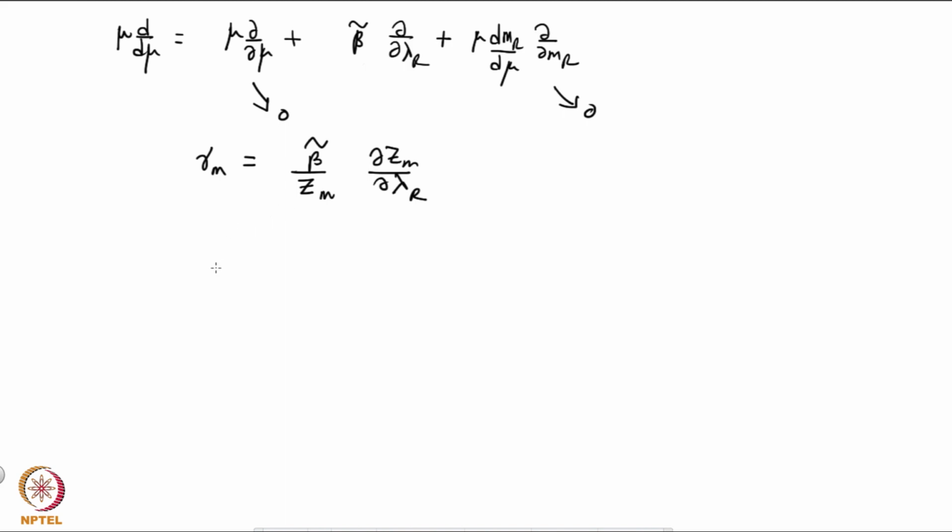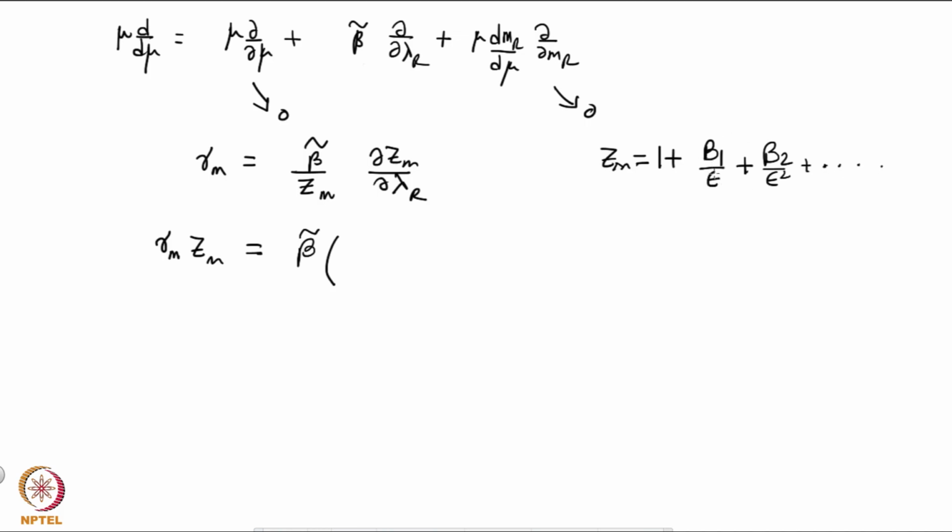Now let's again do what we did earlier. I'll write gamma m times Zm is equal to beta tilde times the derivative of Zm, where Zm we had written as 1 plus b1 over epsilon plus b2 over epsilon square and so forth.